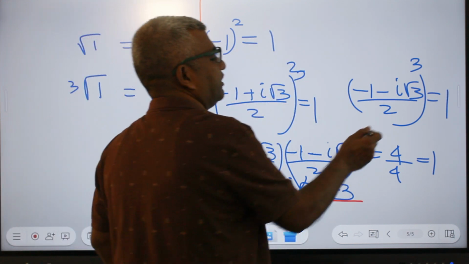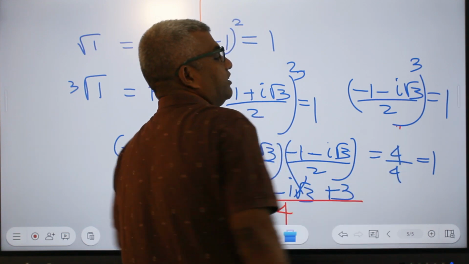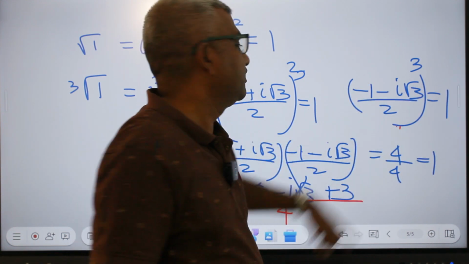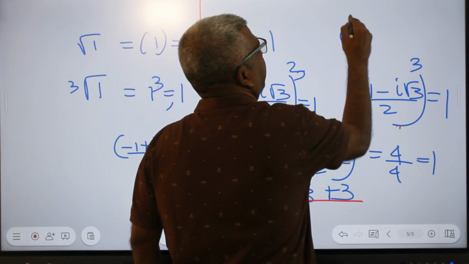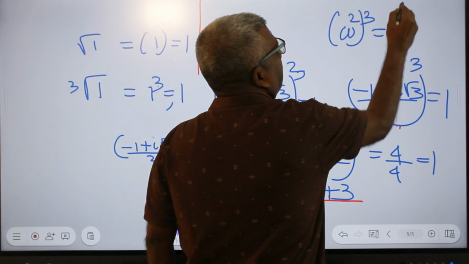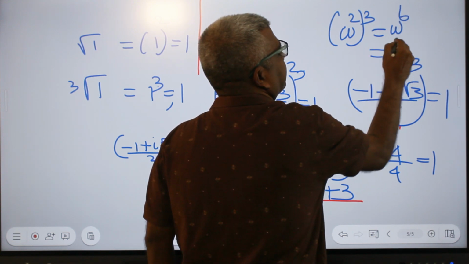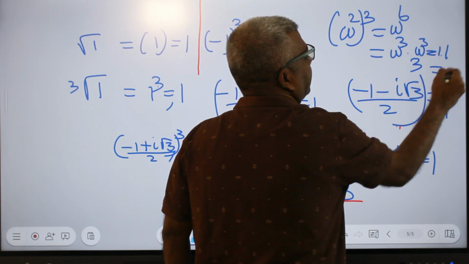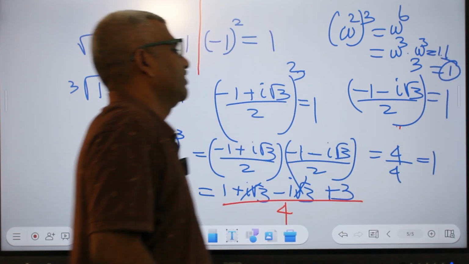And another one, this one. This cube also should be 1. What is this? This is omega squared, right? Omega squared cube will be omega power 6. Omega power 6 you can write as omega cube squared. So 1 times 1, it will be 1. Got it?